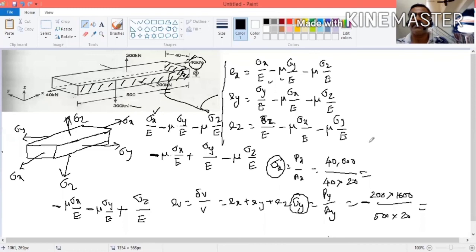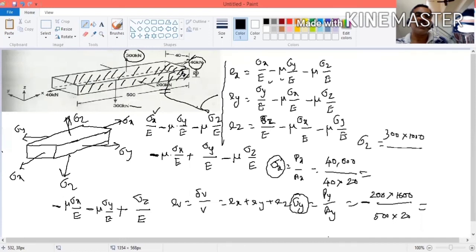Similarly, you calculate the value of sigma z. What is sigma z? Here the load is this much, 300 into 1000. What is the area? This is the cross section area.